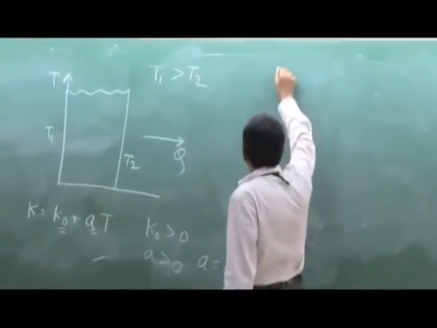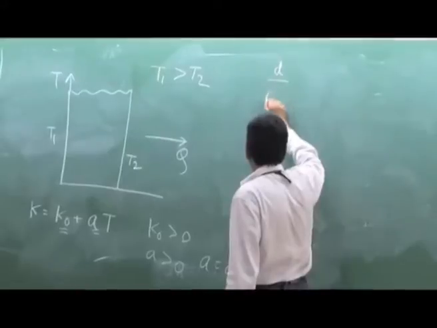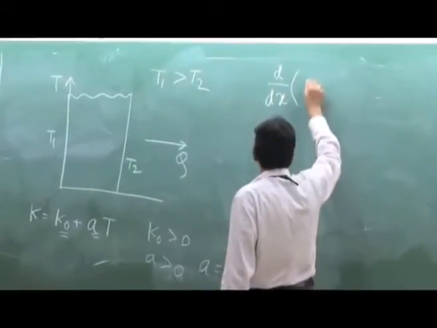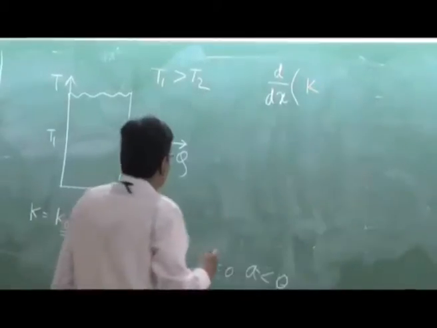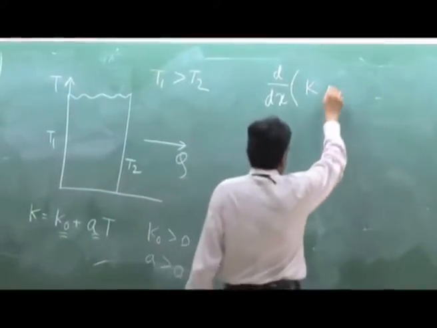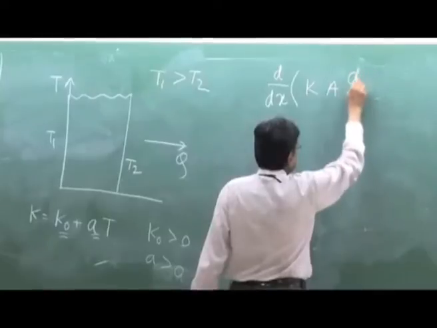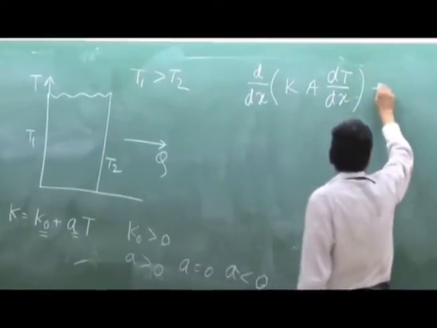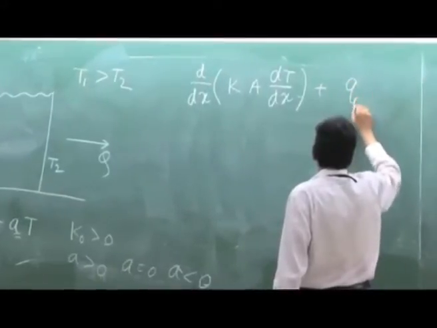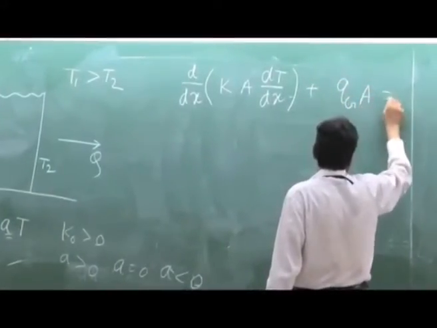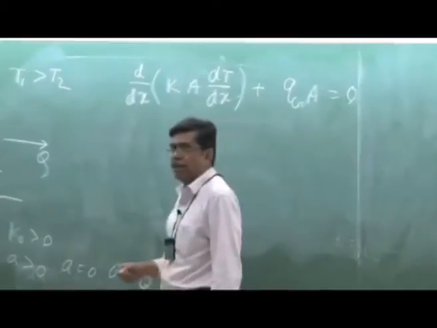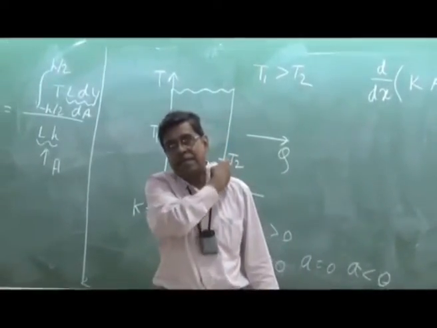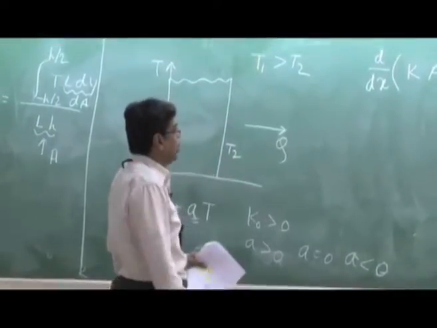It is always better that you start with this: d/dx of (K A dT/dx) plus Qg A equals 0. You should always start from the most generalized form of the steady state one-dimensional heat conduction.